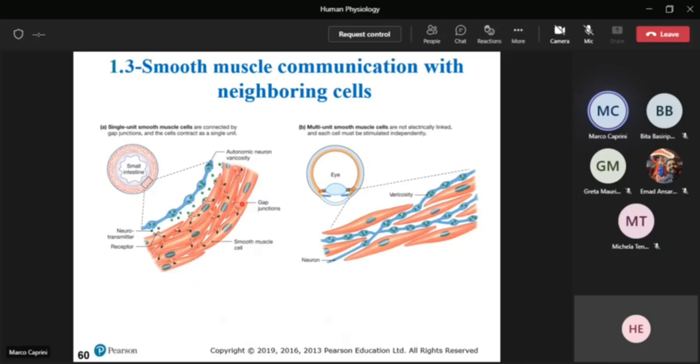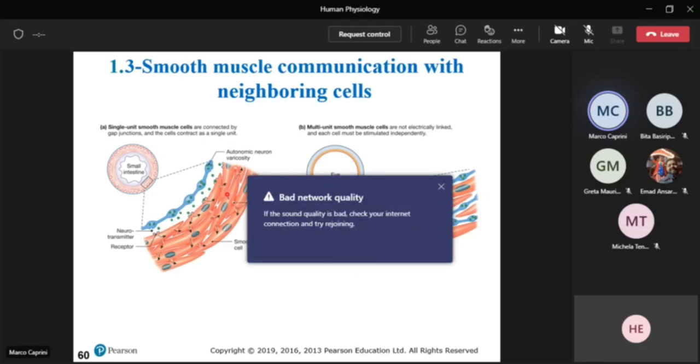We studied that at the beginning of the nervous tissue, so remember it, because we can talk about gap junction also here, totally in the nervous system. But in this case, what is the physiological meaning of gap junction here?